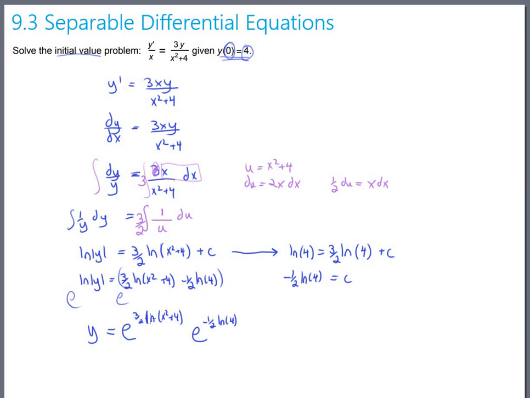E and natural log don't cancel each other out if there's something in between jamming the gears, like this 3/2 right here and that -1/2 right there. Fortunately for us, we know an algebraic property of natural logs, which says we could move those up there and make them exponents.